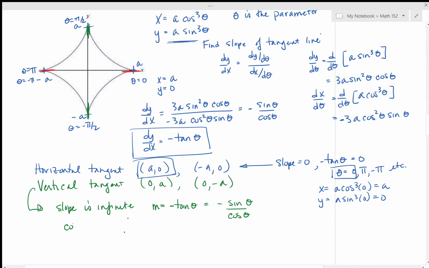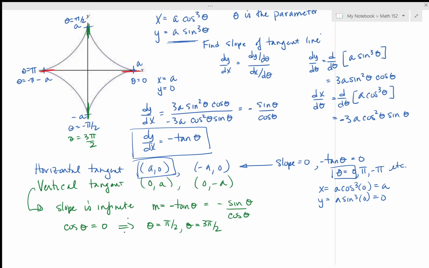So I look for when cos theta is 0, and that would imply that theta is pi by 2 and theta is 3 pi by 2 or minus pi by 2. So down here I'm at 3 pi by 2 as well. Now I can calculate the x and y coordinates in the same manner from the parameter, so that I can easily check that what I drew by looking at the picture is indeed correct.